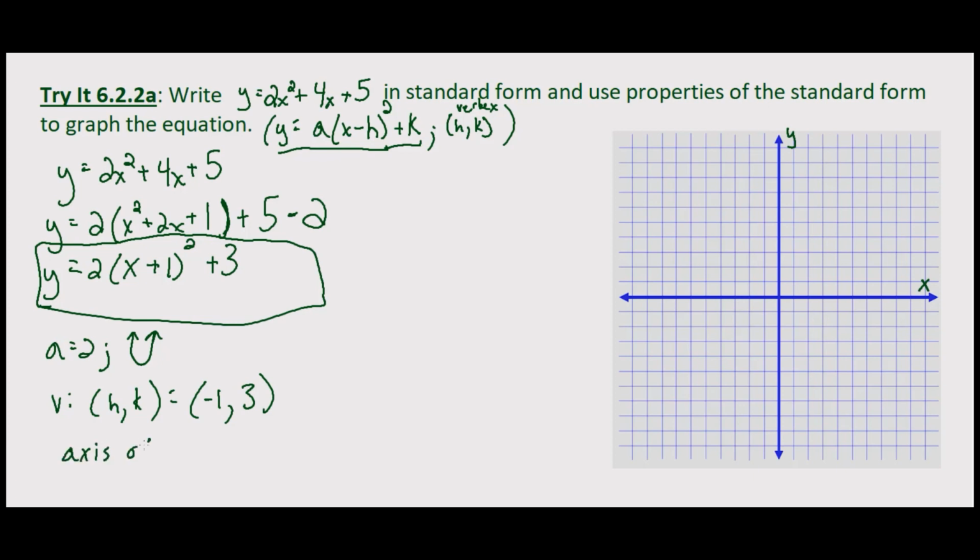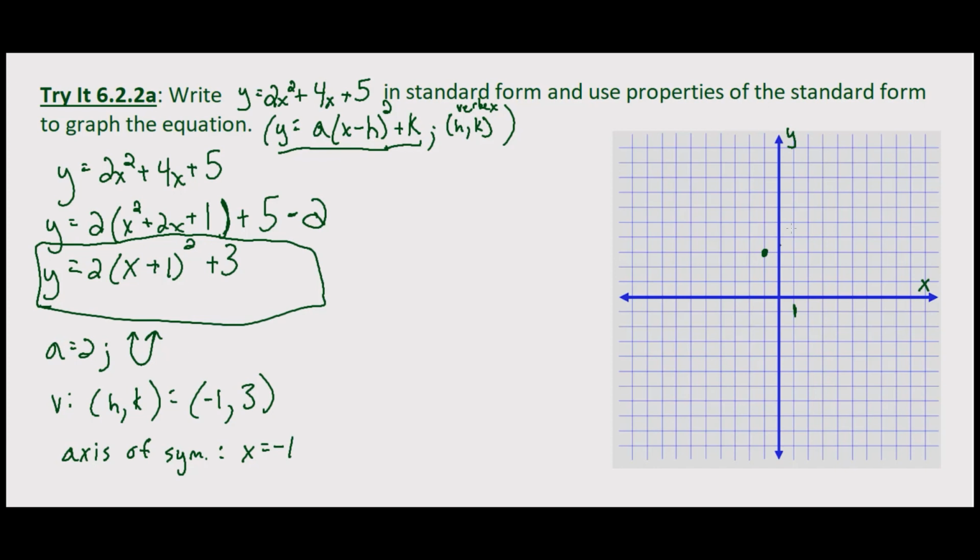That also means that our axis of symmetry is going to be x equals negative 1. And then since our vertex is at (negative 1, 3), which is above the x-axis and it's opening up, we know there are no x-intercepts, but there will be a y-intercept. So we'll go ahead and find the y-intercept and then use the axis of symmetry to find the other point.